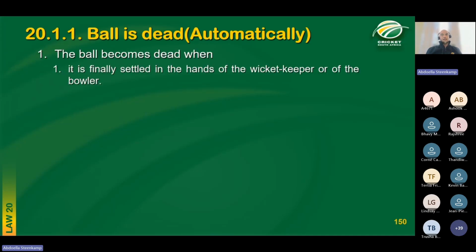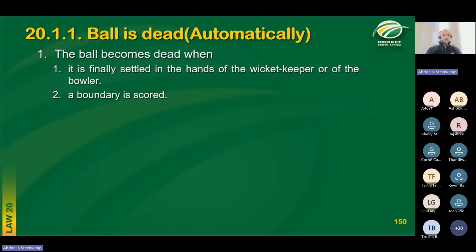Firstly, when it is finally settled in the hands of the keeper or of the bowler. So as soon as it's finally settled, the ball then automatically becomes dead. Who decides when a ball is finally settled in the keeper's hands or the bowler's hands? The umpires.